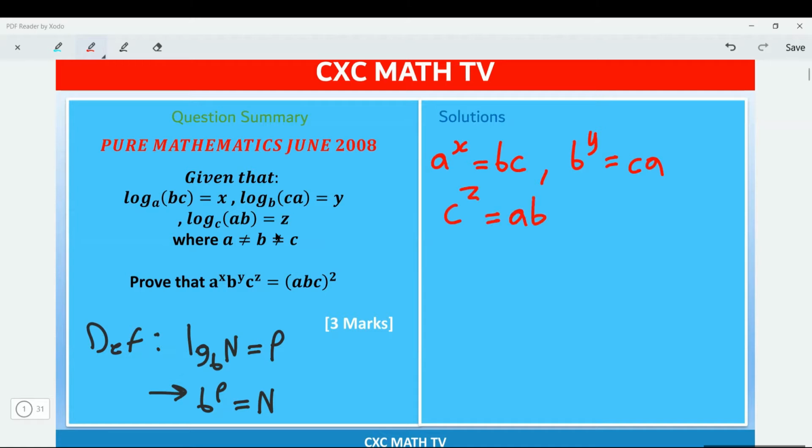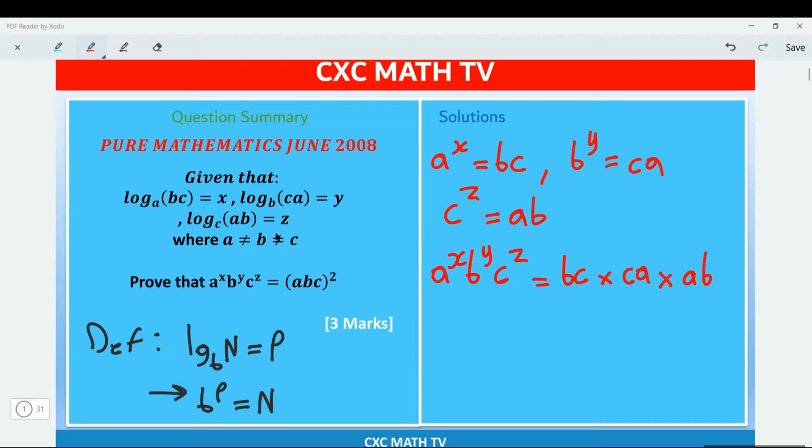So if we were to multiply all of them together, A to the X times B to the Y times C to the Z, that's going to be equal to BC times CA times AB.